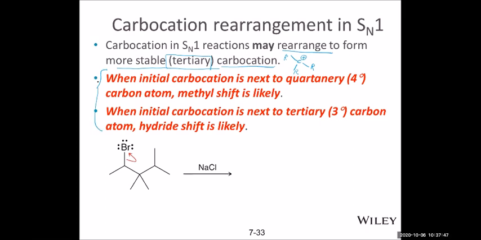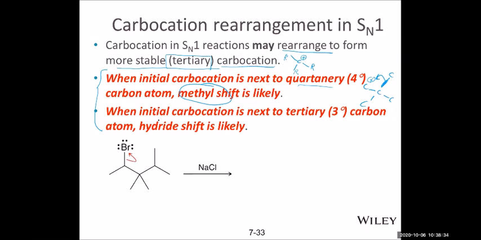So anyway, this is a rule I found by observing so many examples. This is an empirical rule, which means it is based on facts, based on experimental results. When you go through the formation of a carbocation, if the initial carbocation is next to a quaternary carbon, which means a carbon linked with four carbons, then one of the methyl groups would be able to shift and form a more stable carbocation. So this is a methyl shift, giving you a more stable tertiary carbocation.